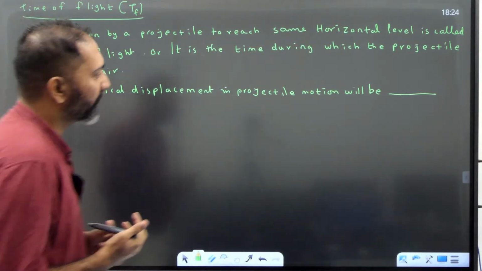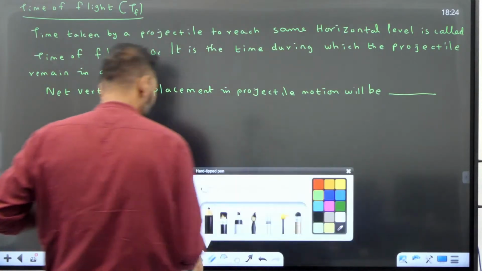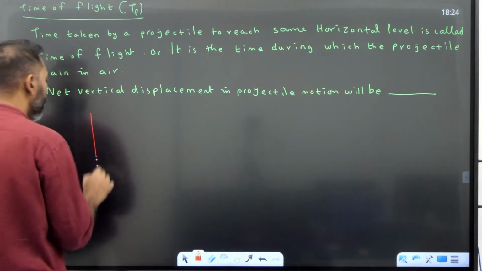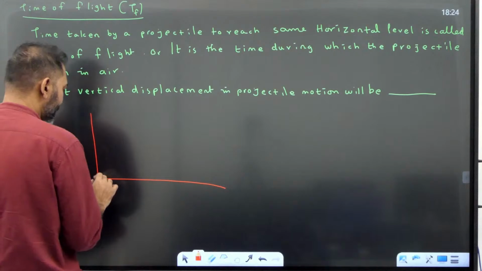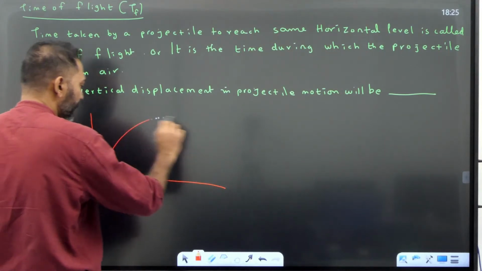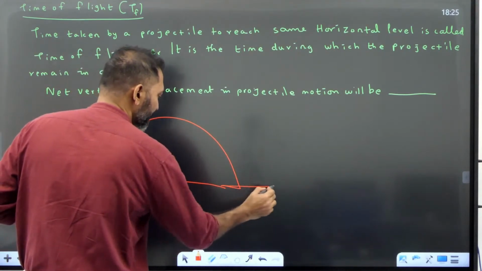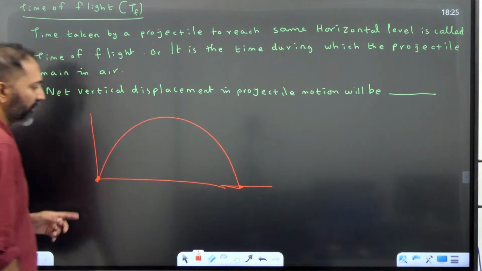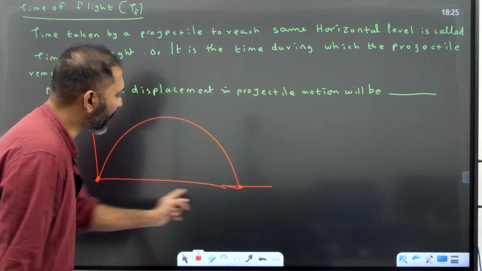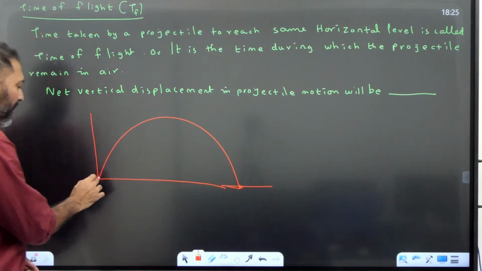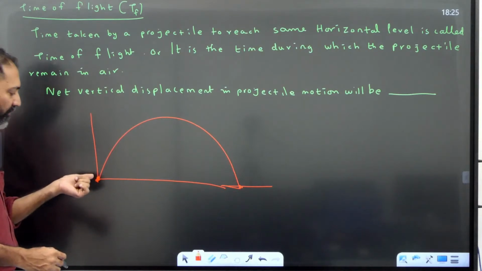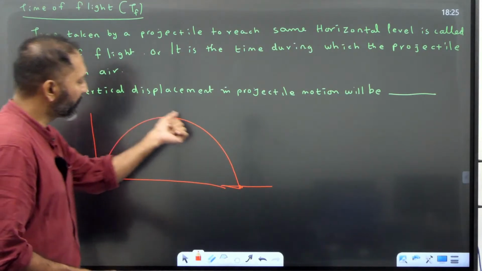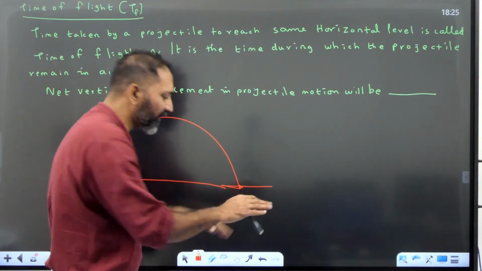What will be the net vertical displacement in projectile motion? The answer is very simple. When I throw this projectile from this horizontal level, it comes back to a different level, because horizontally it has been displaced. But I am throwing the projectile from this vertical level, and it comes back to the same vertical level.